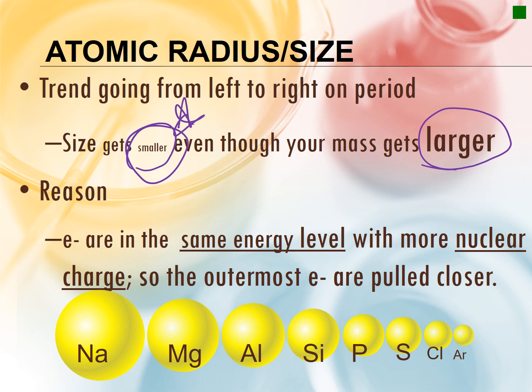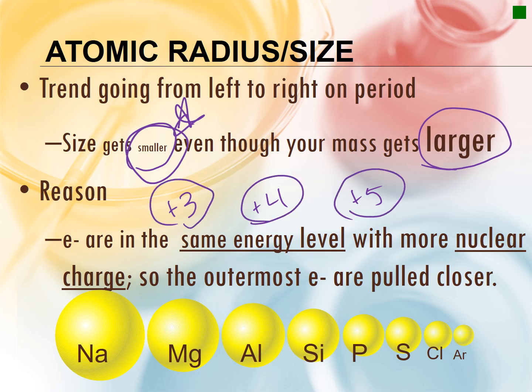What you are doing is increasing the nuclear charge. Remember, that's the number of protons. So we've got the +3, the +4, let's just go to +5, okay? That's your nucleus. Overall, you're on the same energy level, so they are at a relatively similar starting distance. But as you increase your nuclear charge, the electrons in the outermost energy level are more and more attracted.